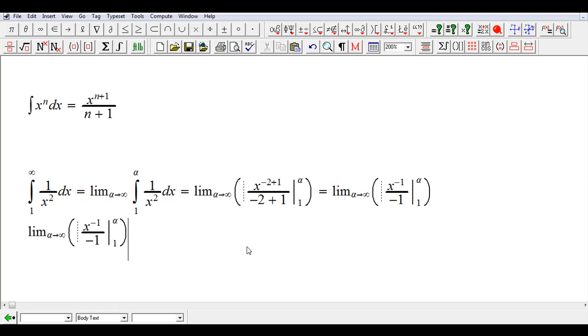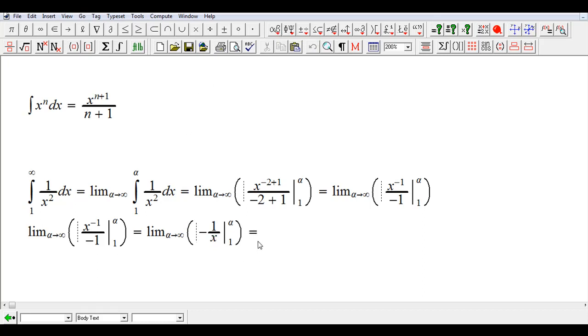I'm going slow, no problem. You will be fast later. So this thing is simply negative 1 over x.